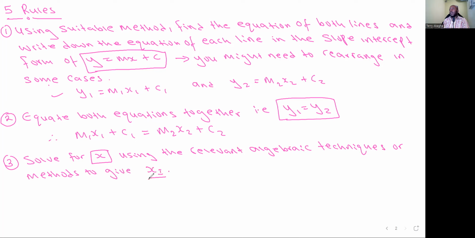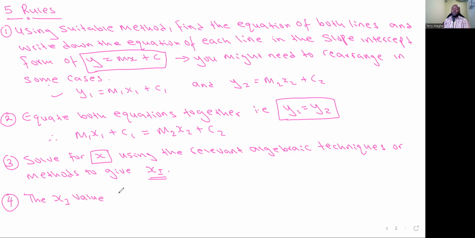Number 4, now that you have the xi value, what you have to do is substitute it into any of the original equations from step 1 to get the value for y, and that y is going to be the yi.